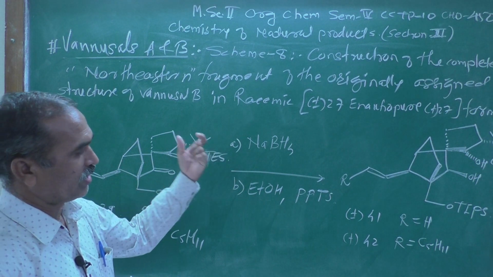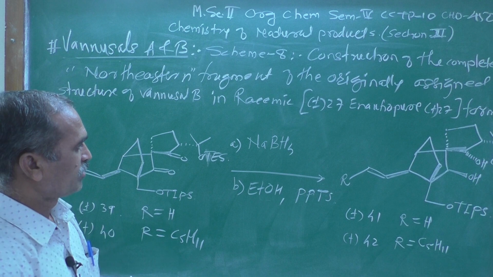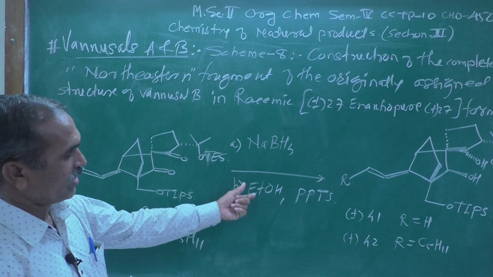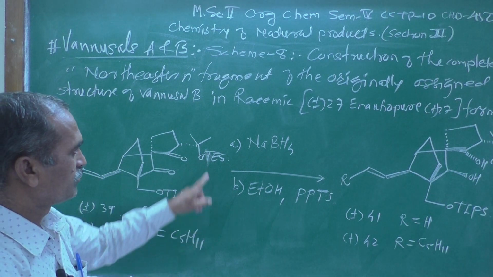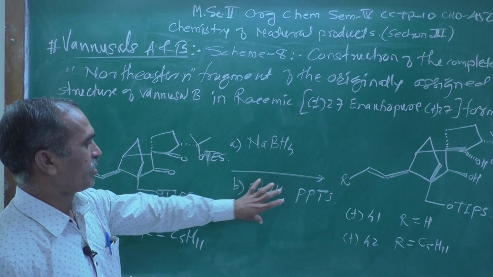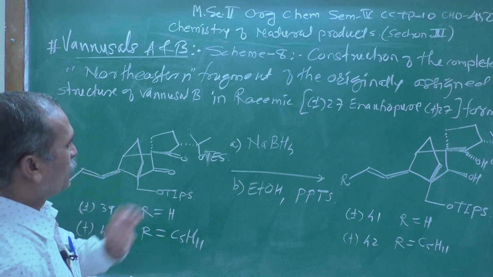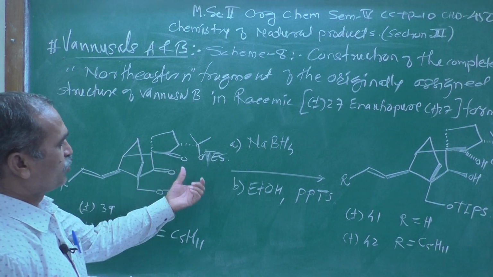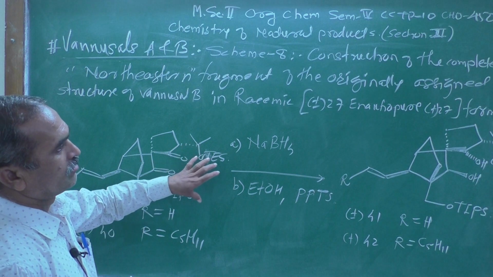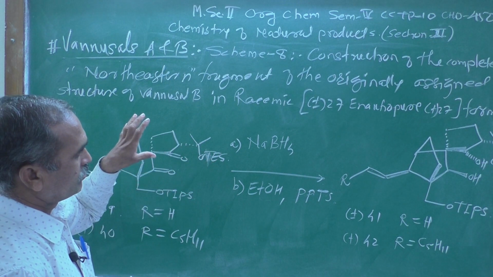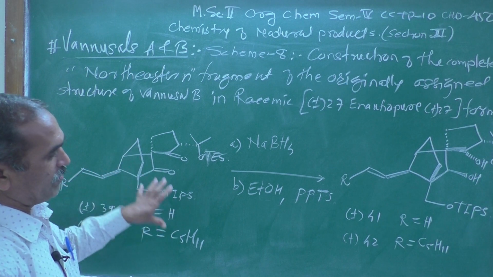Sodium borohydride, a well-known reducing reagent, reduces this carbonyl group to the hydroxyl group, followed by ethanol and PPTS, pyridinium para-toluene sulfonate, which is the acid used here for deprotection. This is done selectively in these steps, and this protecting group remains intact.